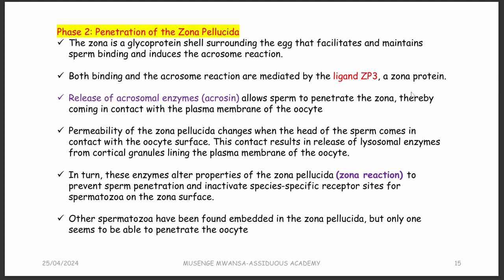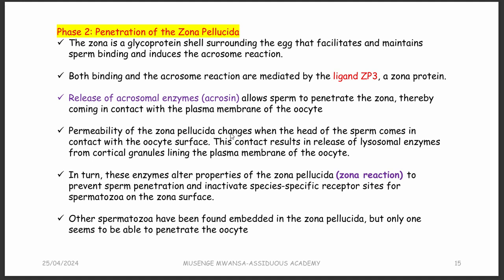So please take note, ZP3 will be able to mediate this, but you also have other zona proteins, ZP1 and ZP2. And there's going to be release of acrosomal enzymes. We talked about acrosins and trypsins, which allow penetration of the zona, and then the sperm will come in contact with the egg.